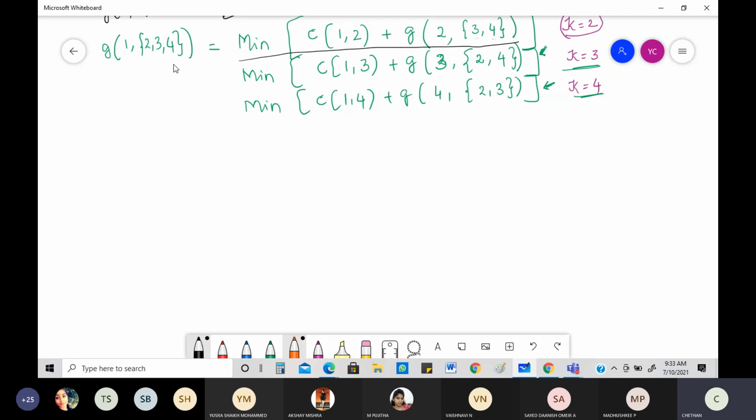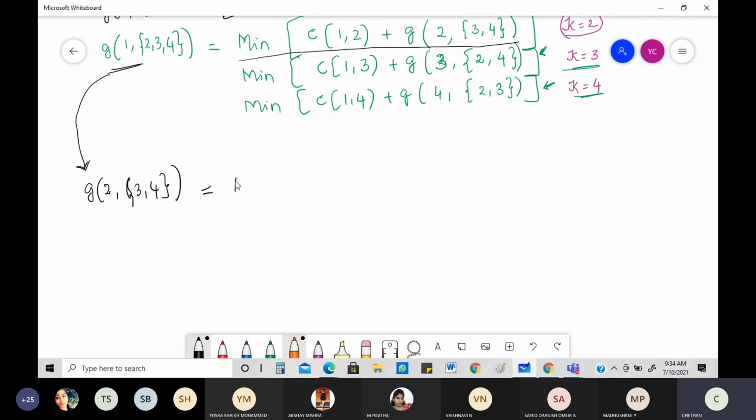Okay, so here I can easily say minimum of C of 1, 2, the value is known to me, right, from the cost matrix, but this I don't. So this I'll again write like this. What is the way of writing it? G of 2, comma, okay, see this 3, comma 4. What is this? Same old formula I'm going to apply here for these two.